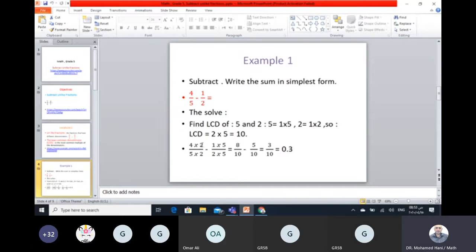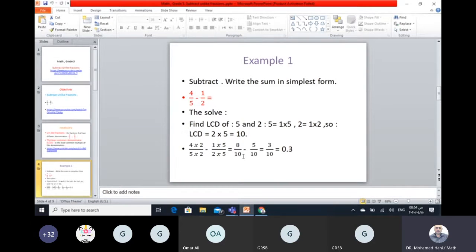Then solve. 4 multiplied by 2 will be 8. 5 multiplied by 2 will be 10. Minus the second fraction now: 1 times 5 is 5, and 2 times 5 will be 10. As you see now, we have the same denominator, which means I have like fractions.